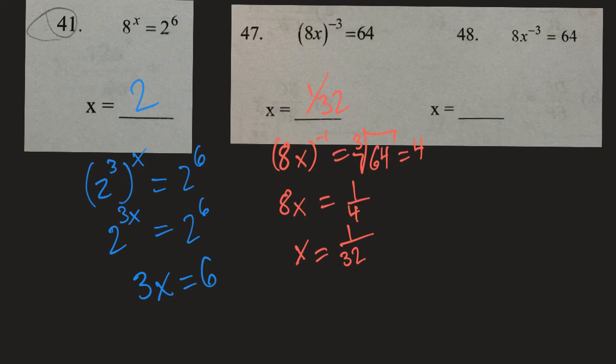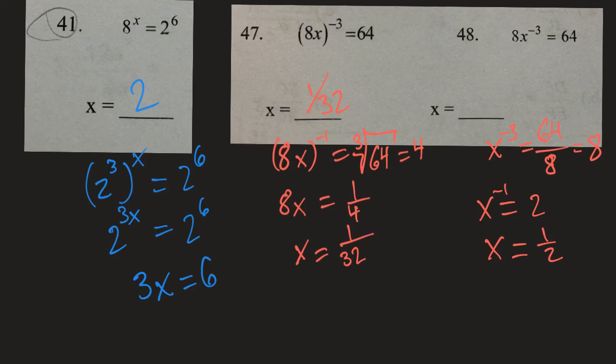Now take a moment and try something similar with number 48. So with number 48, while you can do the same trick, since the 8 is not in the same parentheses as our x, we're going to have to move it away from our x before we do anything with it.